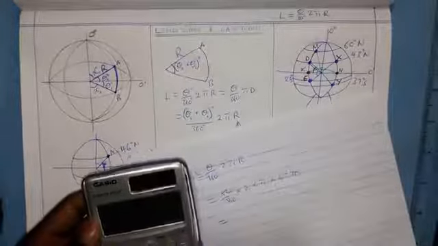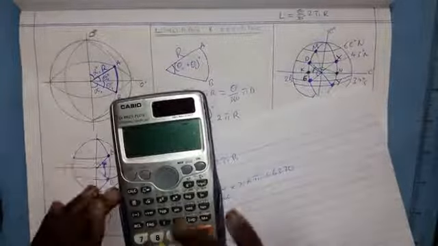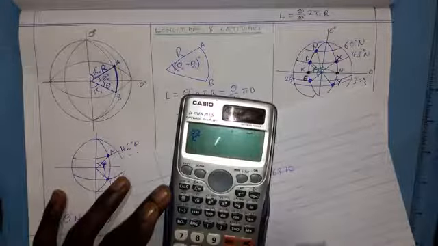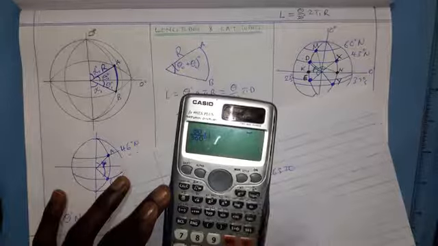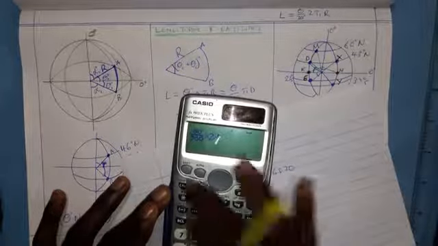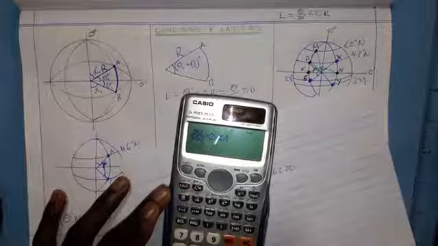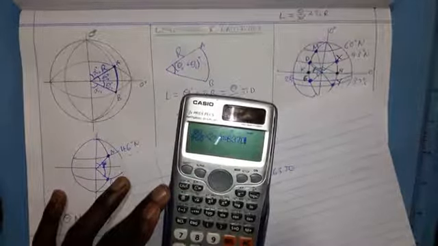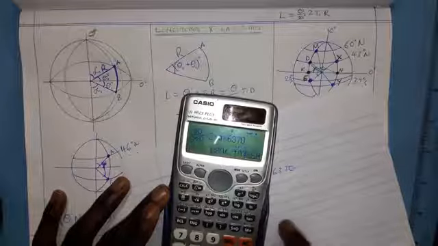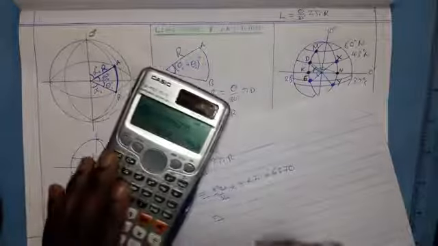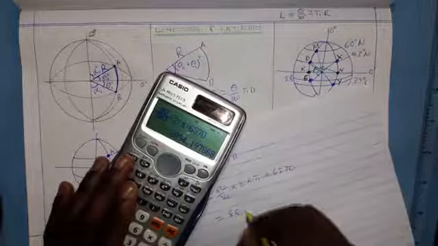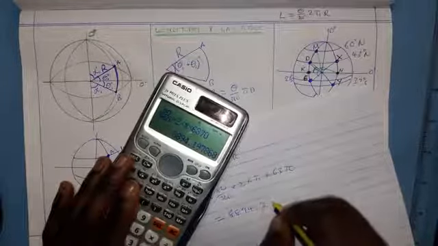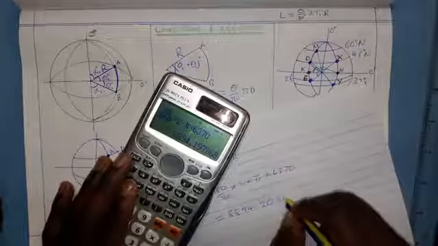So that will simply be 80 all over 360 by 2 by pi by 6370. That simply gives me 8894.20 kilometers.